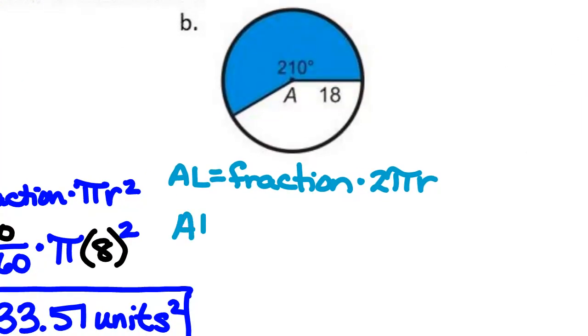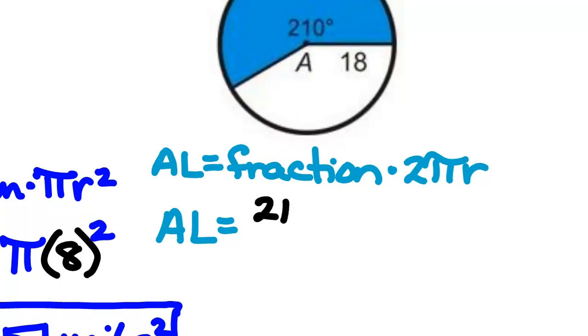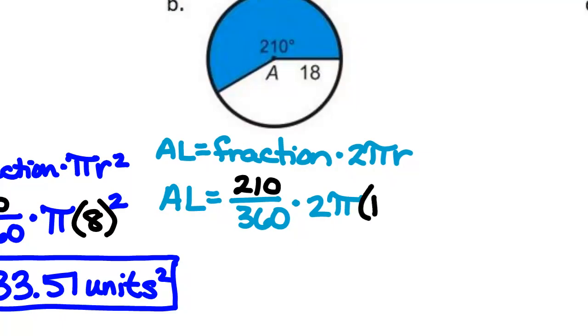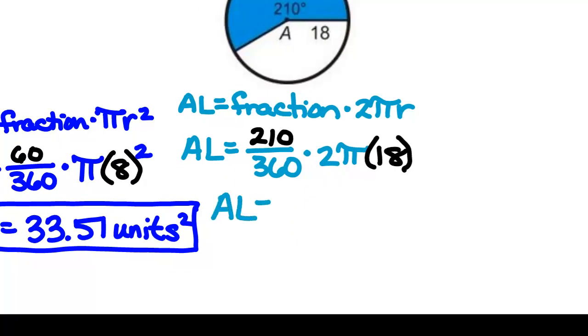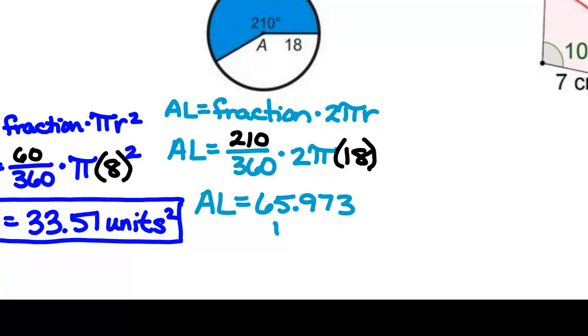What is my fraction this time? 210 over 360 times 2 pi, and then what are we putting in for r? 18. So what is the arc length then? 65.97, and then I just didn't hear that last digit. 3, thank you. 65.973 units.